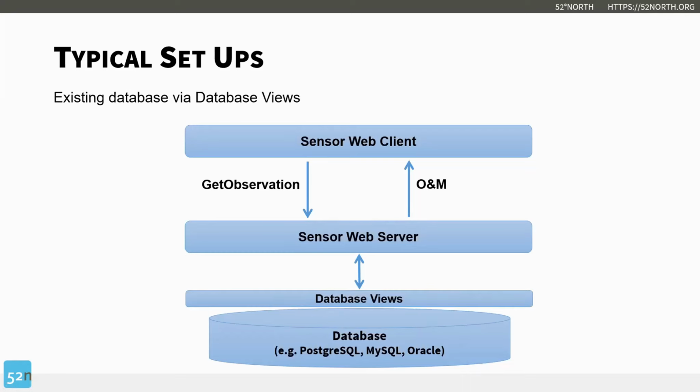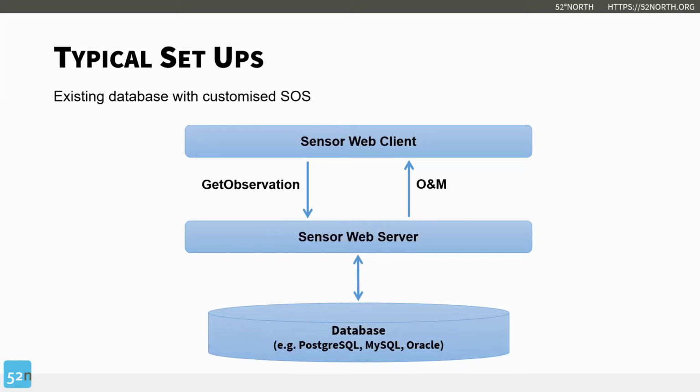If no direct mapping is possible, in some cases a database view may be an option, also hybrid approaches, some views, some tables via mapping. There can be customized SOS database connectors. So if you have a database with your data in place, there are really different ways to get that integrated as efficiently as possible into such a sensor web infrastructure.